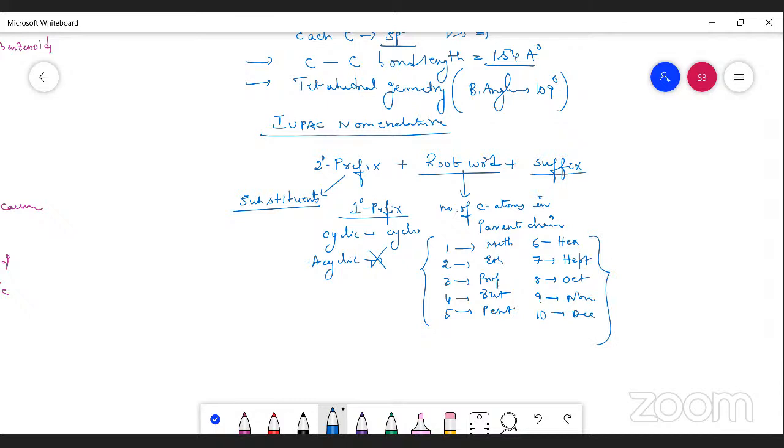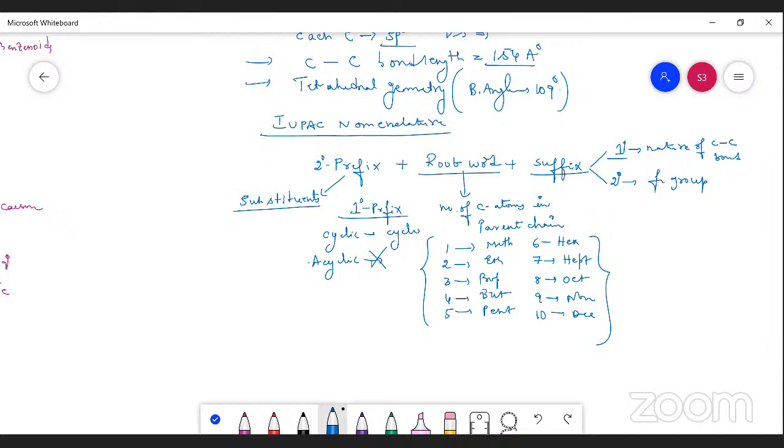Next, suffixes. Like prefixes, suffixes are also of two types: primary suffix and secondary suffix. Primary indicates the nature of C-C bonds, whereas secondary indicates the functional group present in the given organic compound.